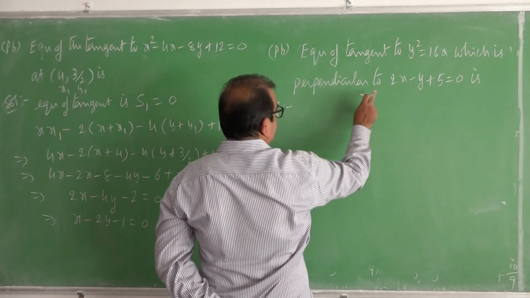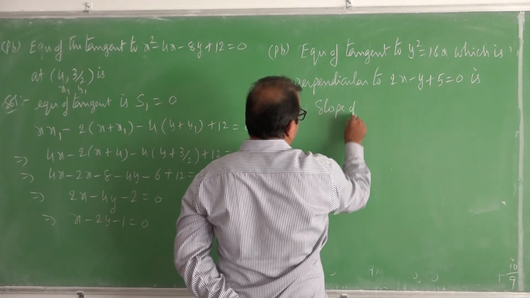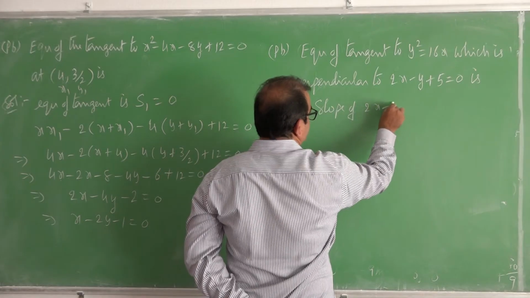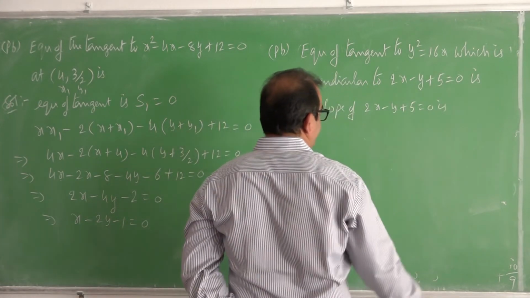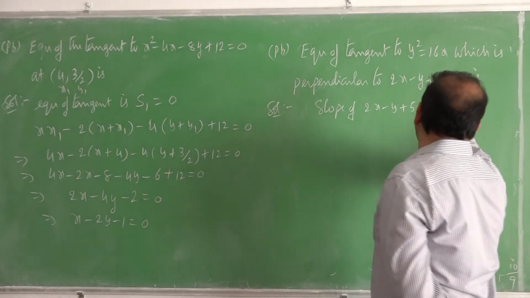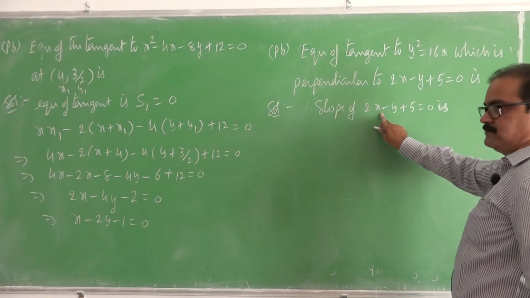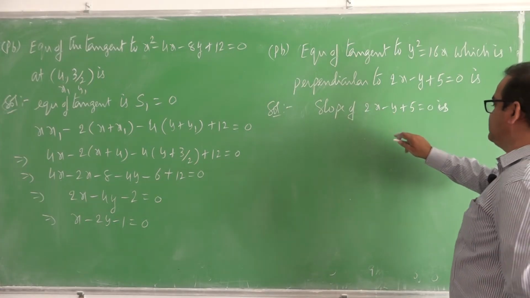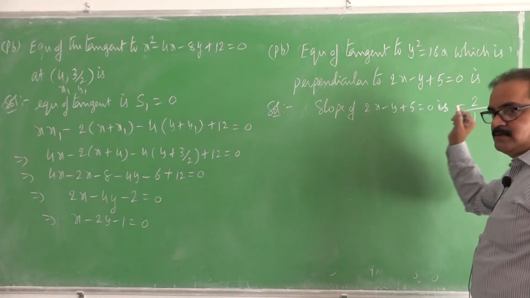Okay, what is the slope of this line? Slope of the line ax plus by plus c is minus a by b. Minus 2 by minus 1, that is 2.